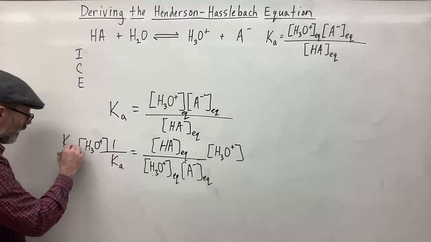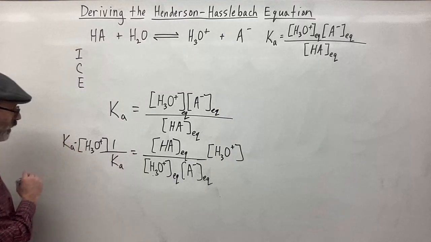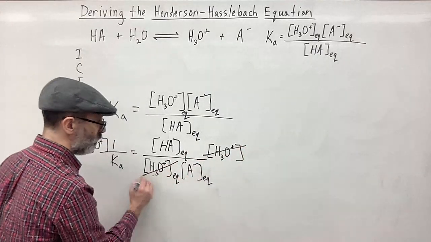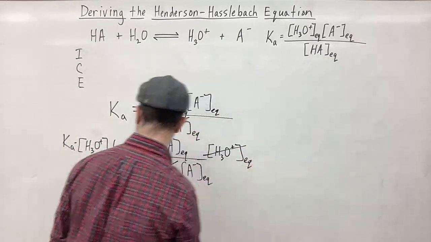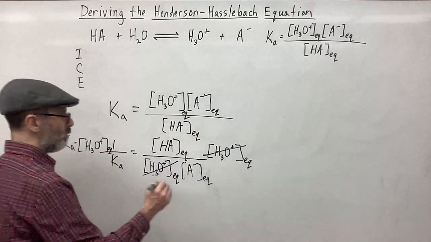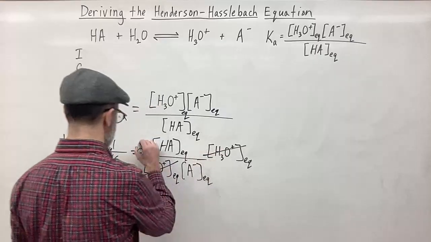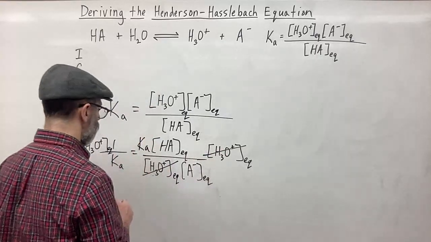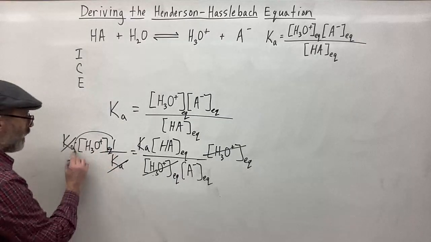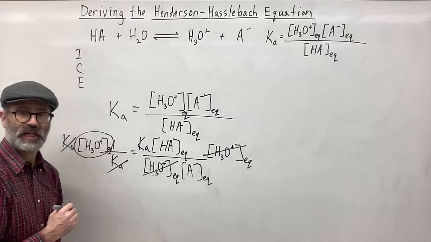Notice that this cancels out here. Oh, I should put EQ there, EQ here, sorry. And then I'm going to multiply by Ka over here. So Ka cancels out over here. And so now I have my hydronium ion concentration on this side.